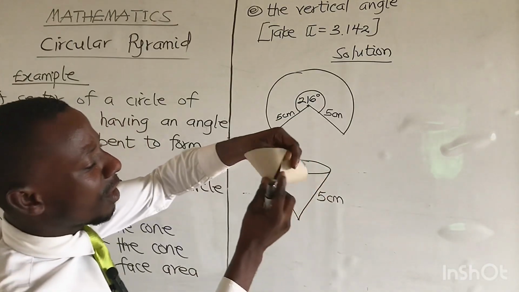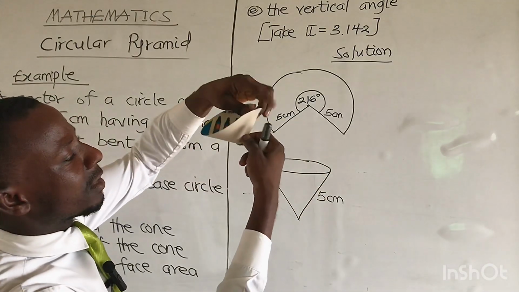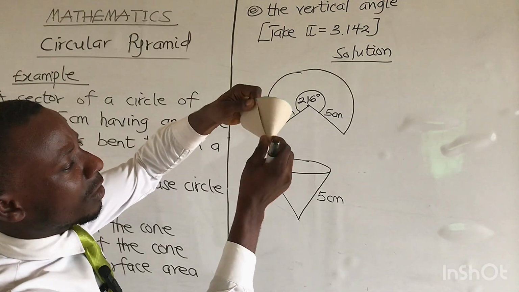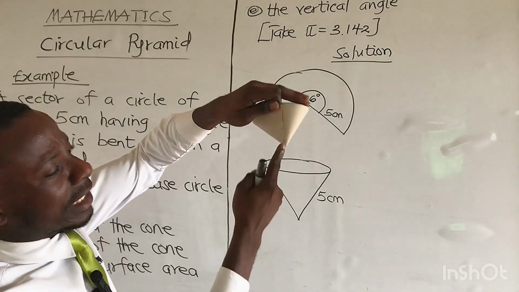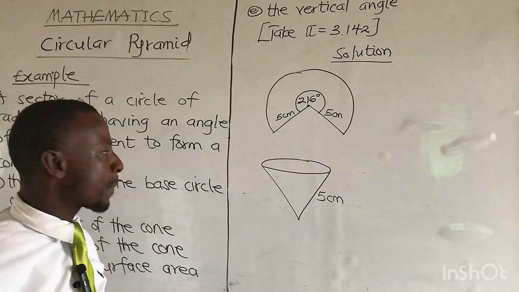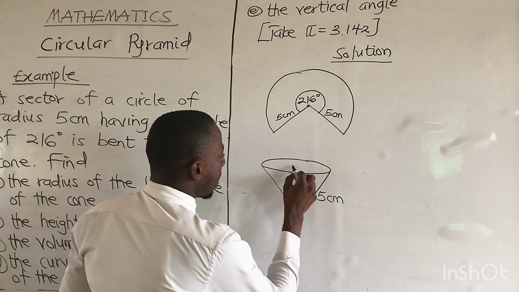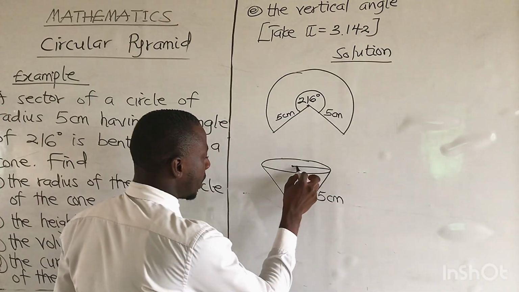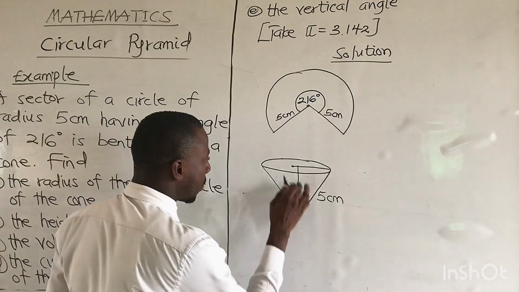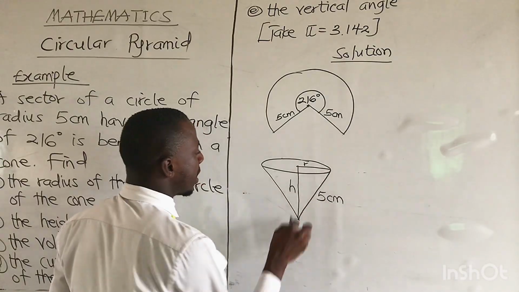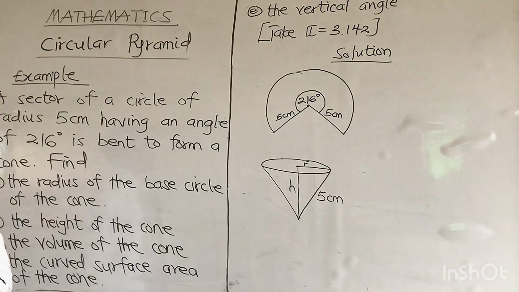So from here, when I bend, it will form the slant height of the cone. So this side is 5 centimeters. Now we have here to be the radius, for which we don't know, and we have the height, for which we don't know. So we are yet to find the radius and the height of the cone.